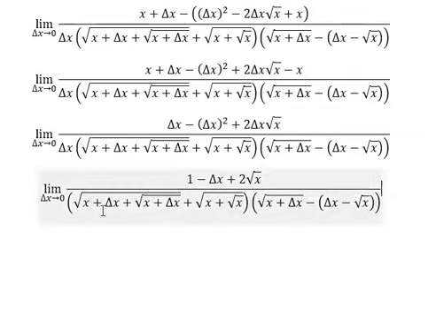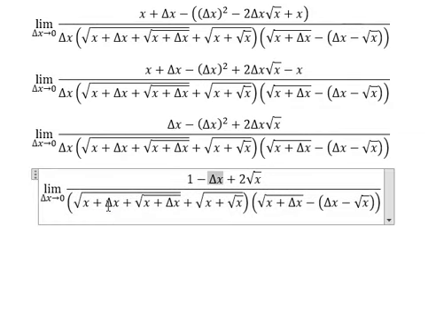Now, when delta x approaches 0, this one you get 0.